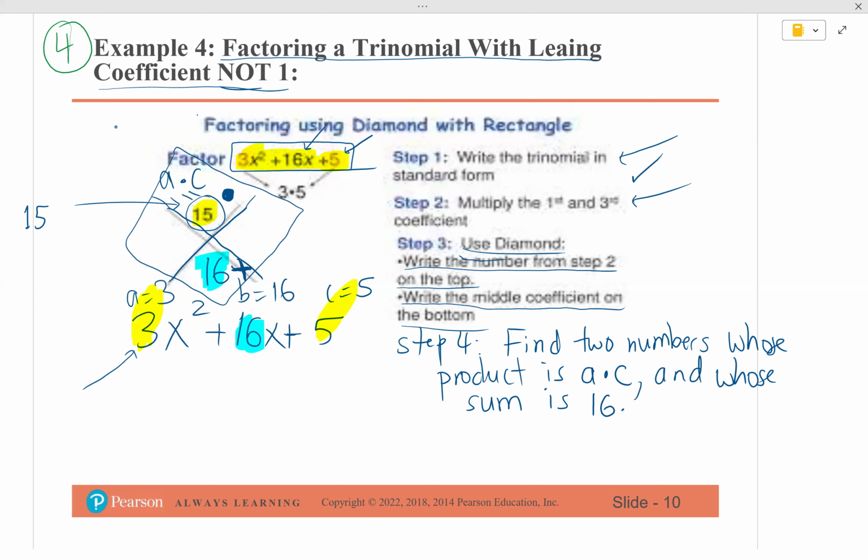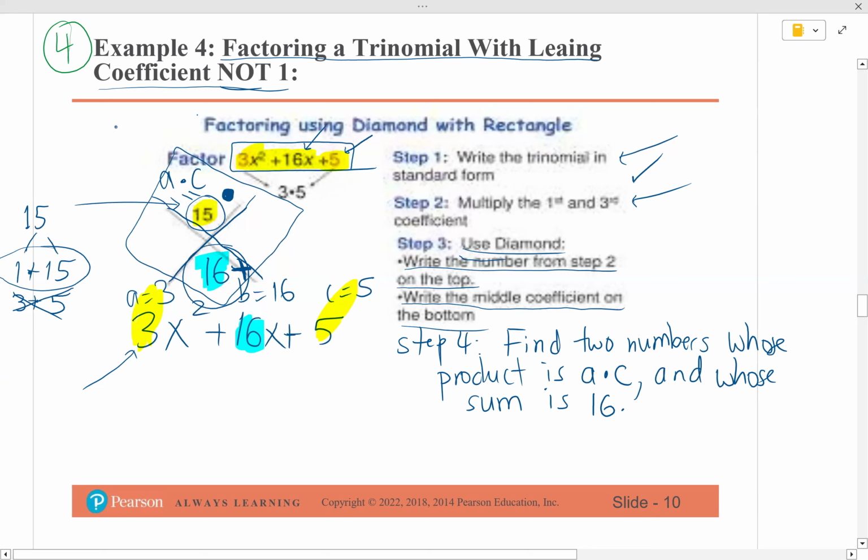So 15, I have to think about what 2 things multiply to 15. I got 1 times 15, 3 times 5. That might be about it. But I want the pair that add up to 16. 3 plus 5 is not 16. But 1 plus 15 is 16. Those must be the ones I want.